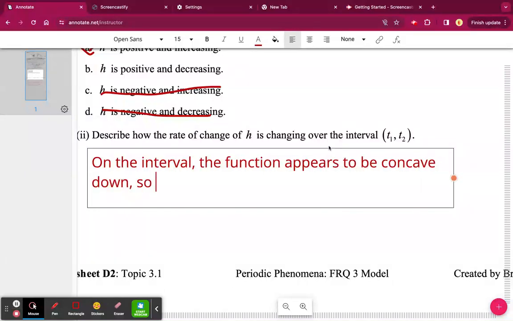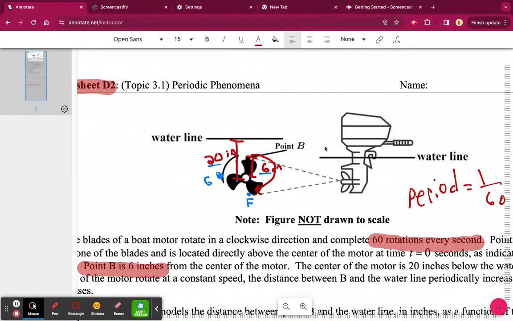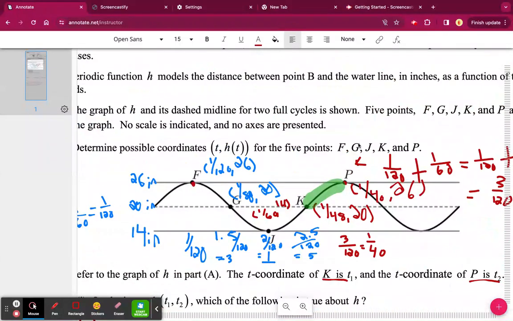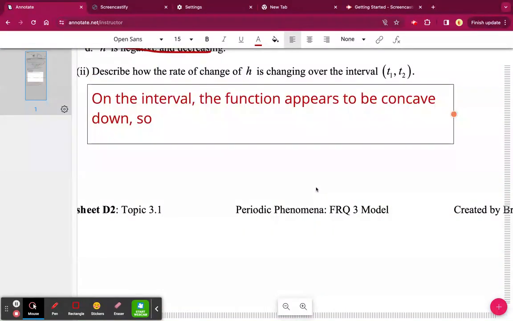So appears to be concave down. Oh, sorry, this mouse is so finicky. So it appears to be concave down here. So remember, down makes me think decreasing. So the rate of change of H is decreasing.